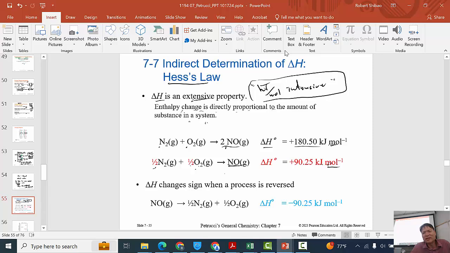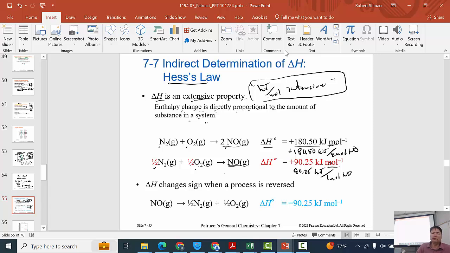But since they're not changing the units here, this is incorrect. This should be plus 180.50 kilojoules per 2 moles of NO, whereas this is 90.25 kilojoules per 1 mole of NO. This is critical because formation reactions are always per 1 mole of the product.